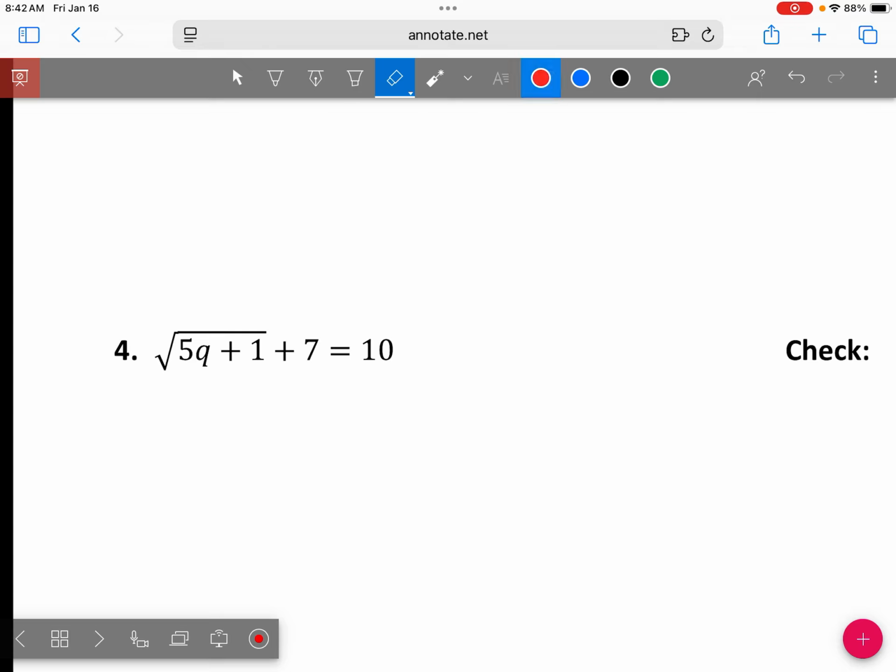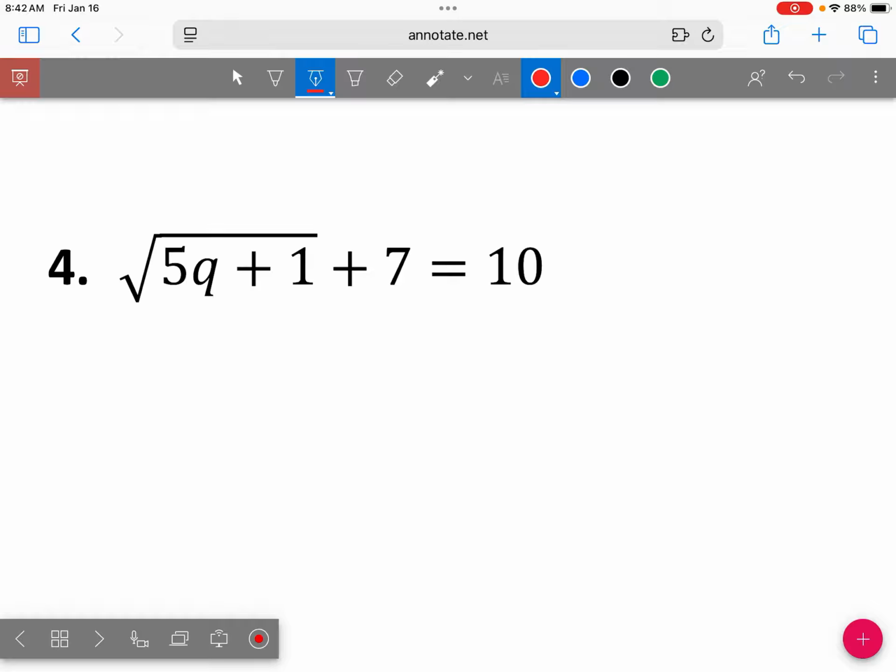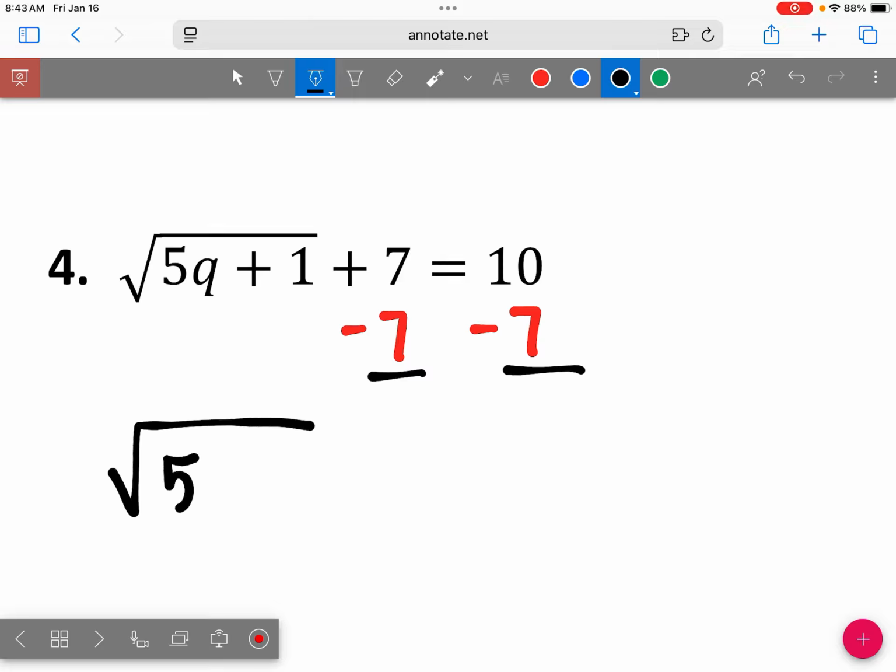Yep, we do. It's that plus 7. How do I get rid of it? Subtract it. So I have the square root of 5q plus 1 equals 3.